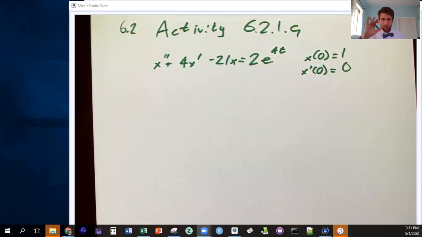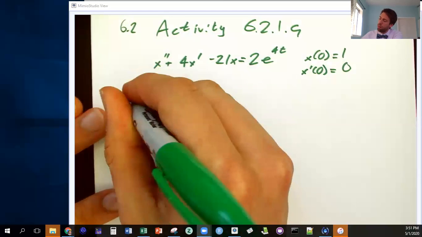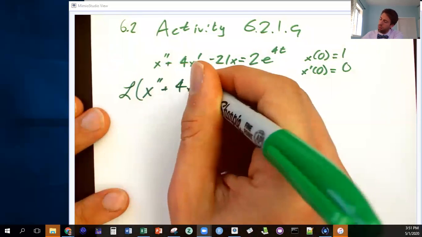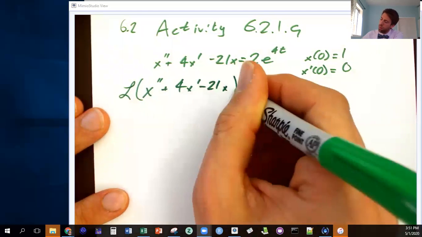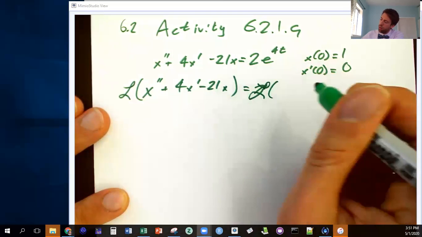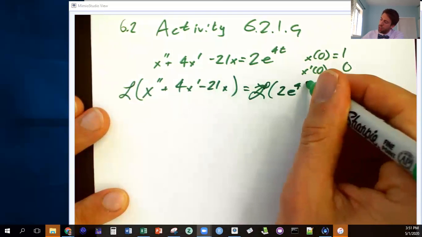So here we are. We have this differential equation, x double prime plus 4x prime minus 21x equals 2e^(4t). So we're going to take the Laplace transform of both sides, including the Laplace transform of 2e^(4t).